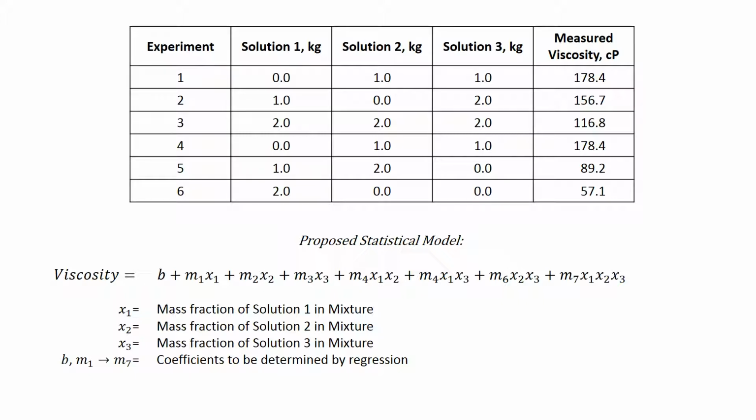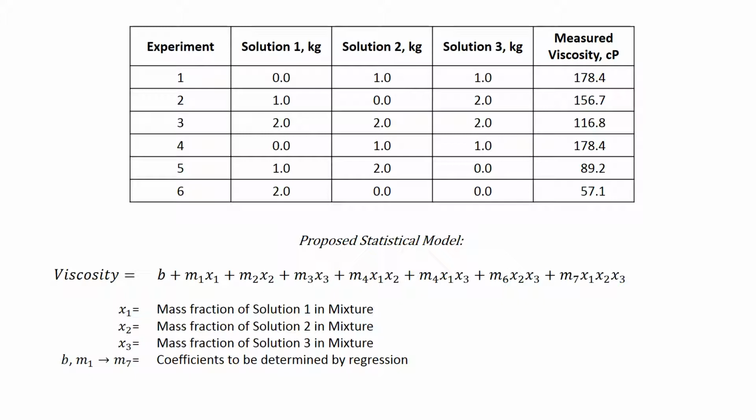We're going to look at the following proposed statistical model, saying that the viscosity is equal to some coefficient B plus another coefficient M1 times the mass fraction of solution 1 in the mixture, plus M2 times the mass fraction of solution 2 in the mixture, plus M3 times the mass fraction of solution 3 in the mixture, and so on.